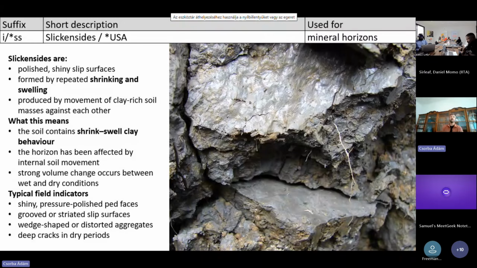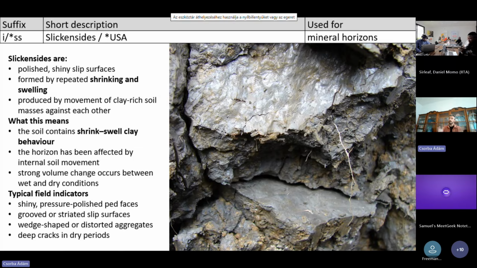SS index indicates slickensides. Slickensides are shiny, polished surfaces appearing mostly in shrinking and swelling clay-rich soils. When the soil contains shrinking and swelling clays, and the horizon has been affected by internal soil movement, that means when these kinds of soils get wet, they expand, and when they get dry, they shrink.